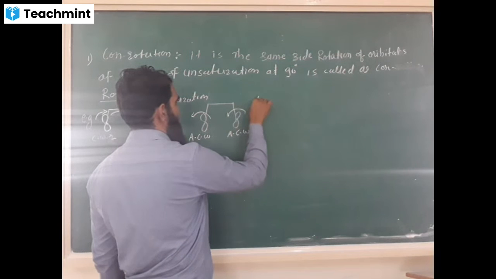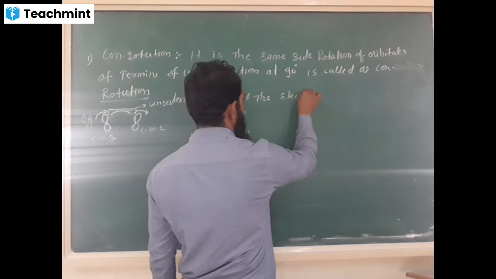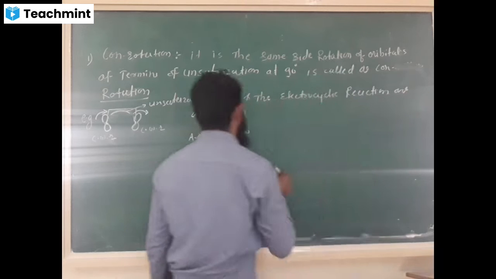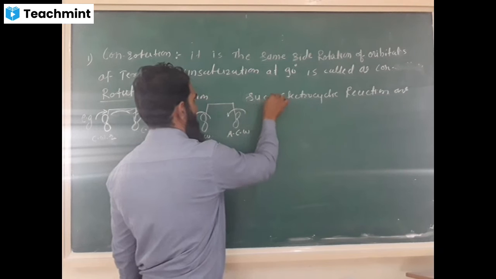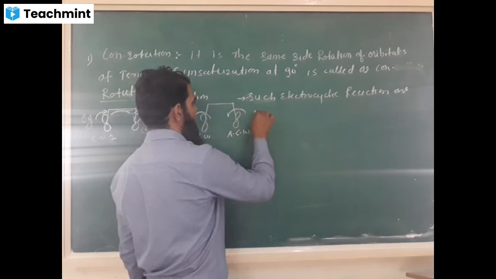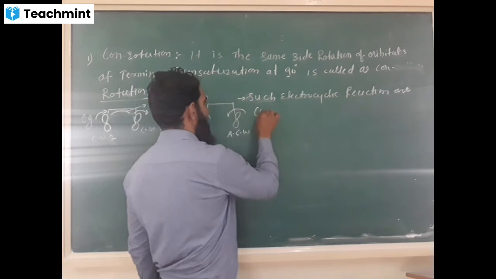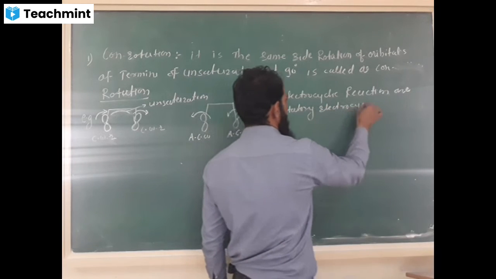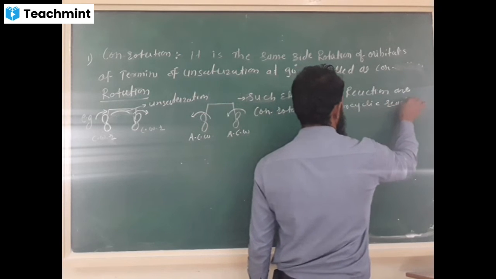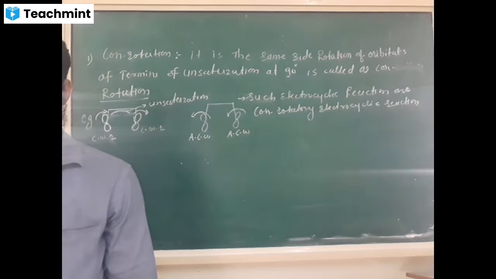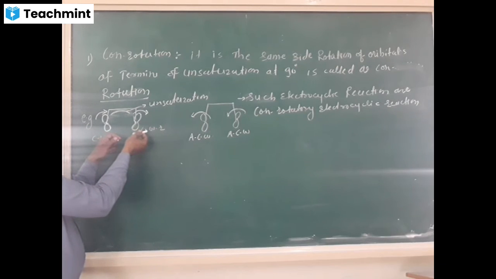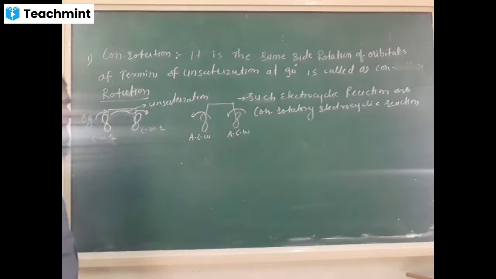Okay? Here we will also write that such electrocyclic reactions are con rotatory electrocyclic reactions. Such reactions we will call con rotatory electrocyclic reactions. That is, the termini of unsaturation are rotated either in the clockwise direction or the anti-clockwise direction through 90 degrees.